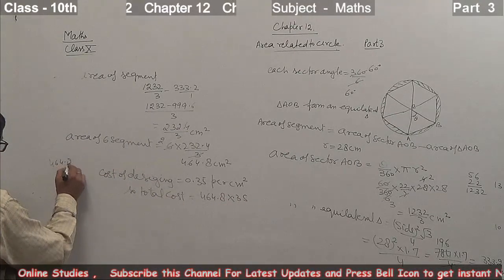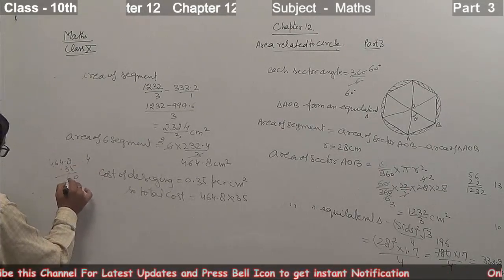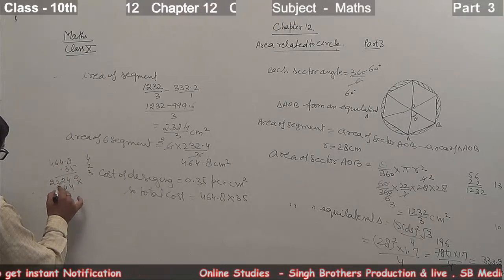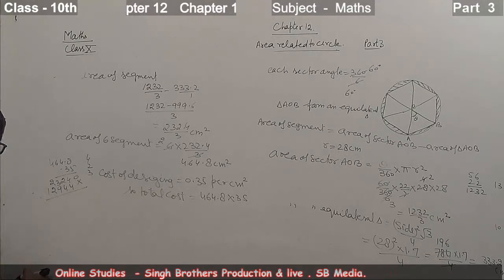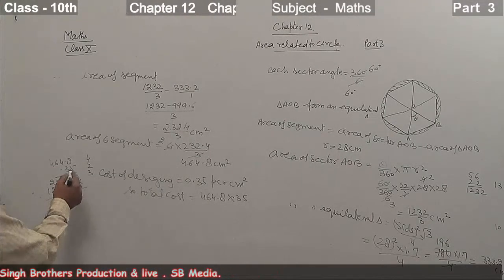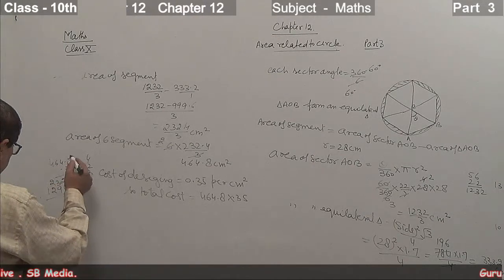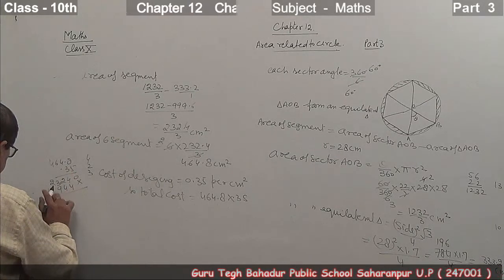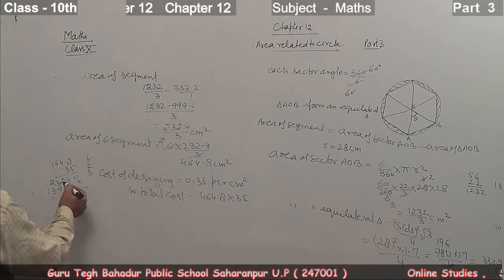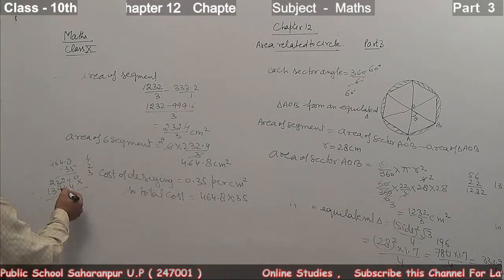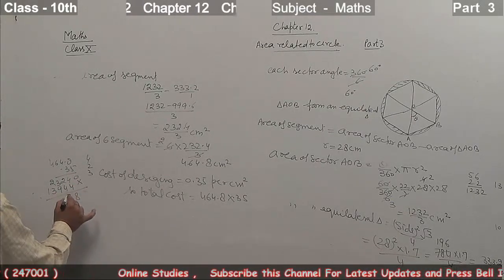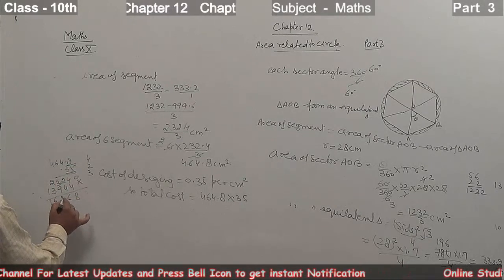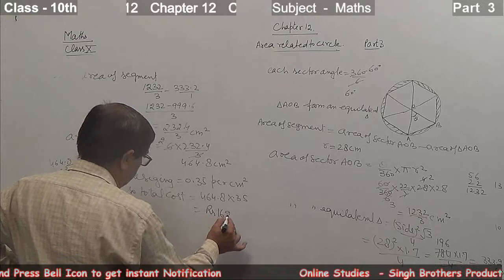Multiplying 464.8 by 35, with 2 decimal places in total, it will be rupees 162.68.